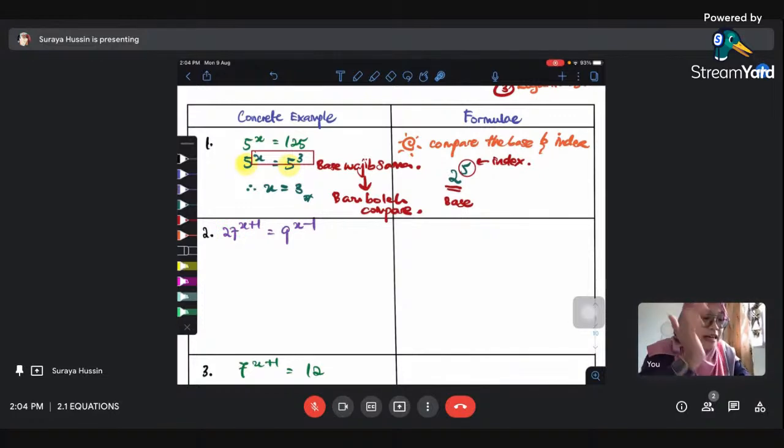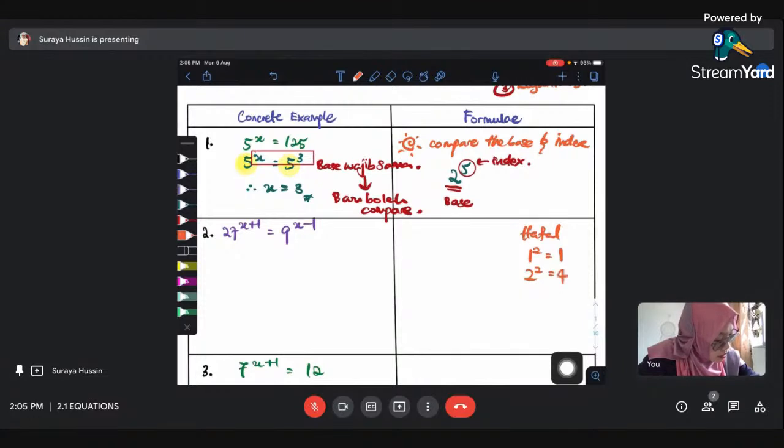Kamu kena fikir jauh sedikit, kena hafal lah actually. You really need to hafal these guys. Saya letak sini hafal, 1 squared is 1, 2 squared is 4, 3 squared is 9 and etc. sampailah 12 squared is 144.